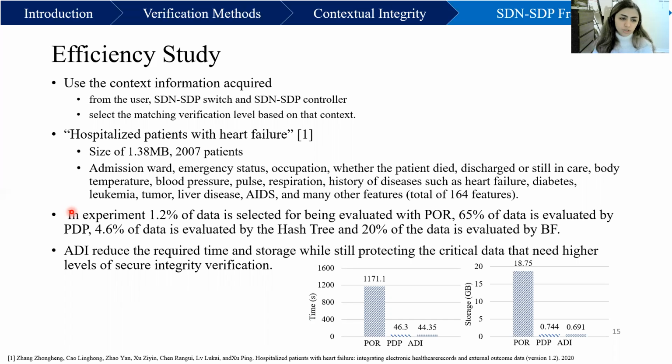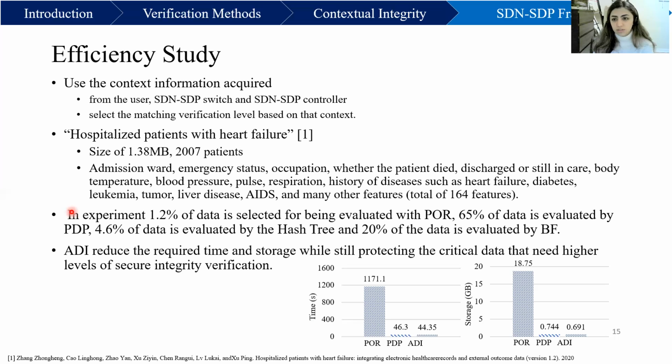The features inside that dataset were admission ward, emergency status, occupation. For example, based on the occupation, whether the storage is affordable or not; whether the patient died or not, which decides how important those data can be; discharged or still in care, body temperature, blood pressure, pulse, respiration, history of diseases such as heart failure, for example.